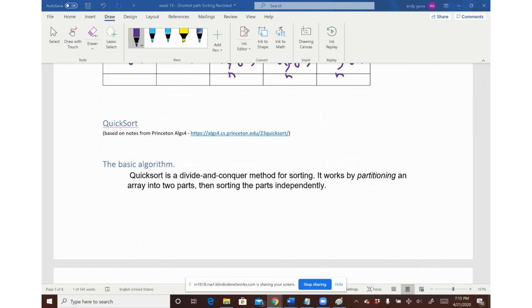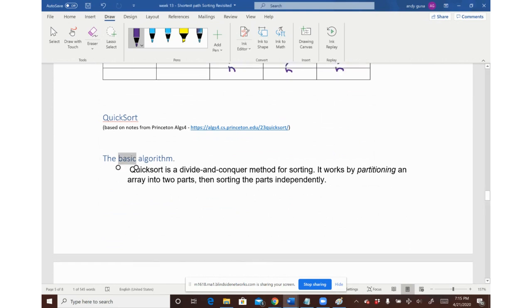So he's Sir Hoare. The basic algorithm, Quicksort, is a divide and conquer algorithm for sorting. The idea is to partition an array into 2 parts, and then sort the parts independently. It works with an idea called a pivot.